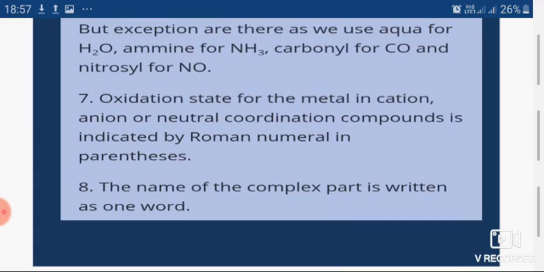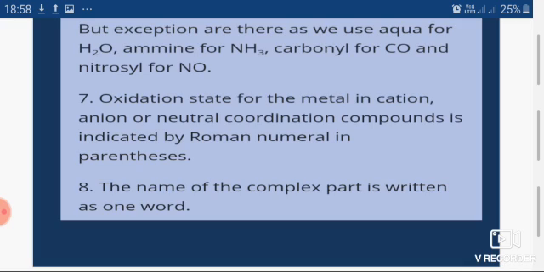The next rule is that the oxidation state for the metal ion in cation, anion or neutral coordination compounds is indicated by a Roman numeral in parenthesis. See, the central metal ion carries some charge, or it has lost some electrons, and the number of electrons lost by the central metal ion is known as the oxidation state of that metal ion.